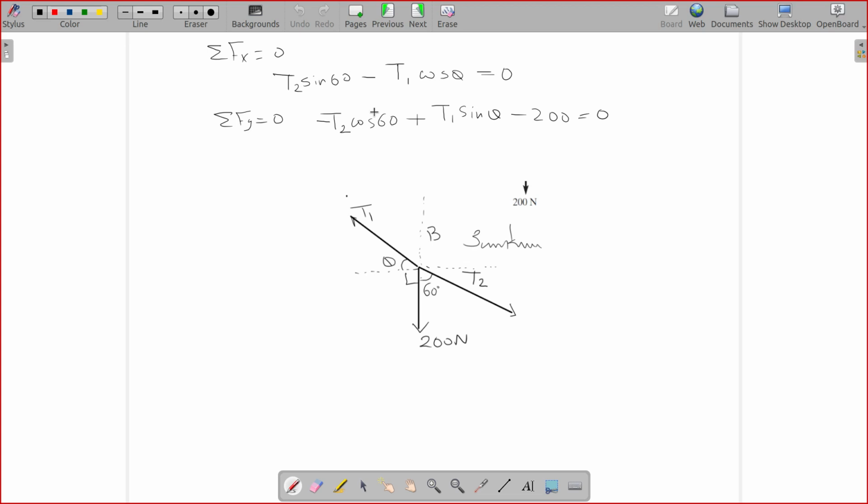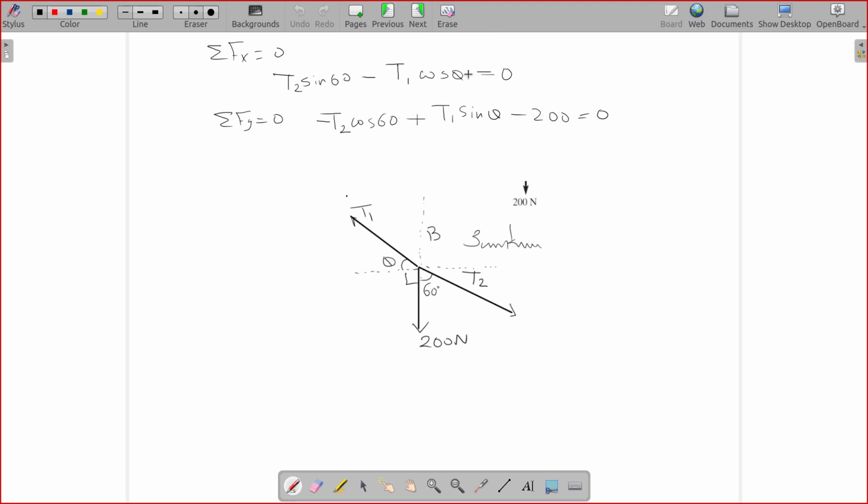Once you know T2, you take all the known values towards the right and divide the system by the system.